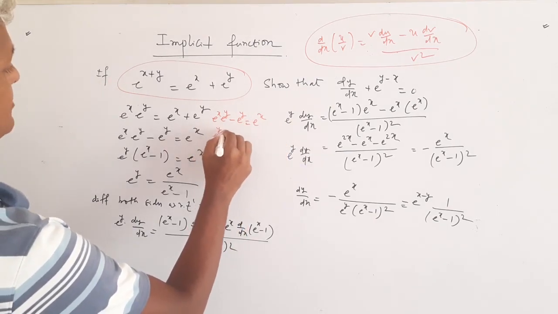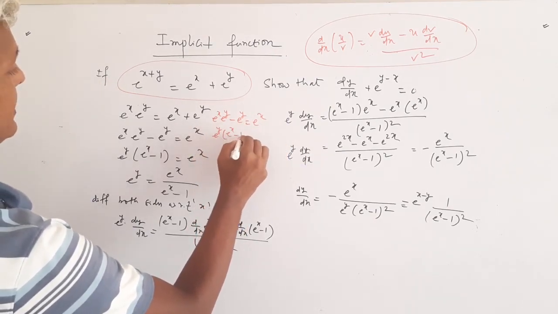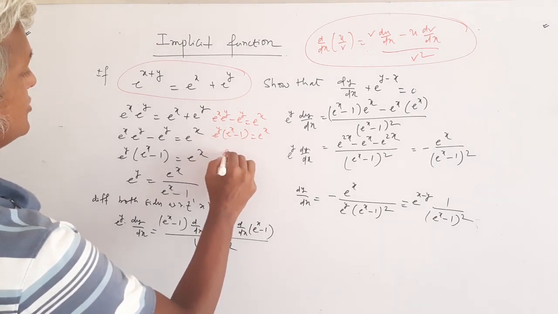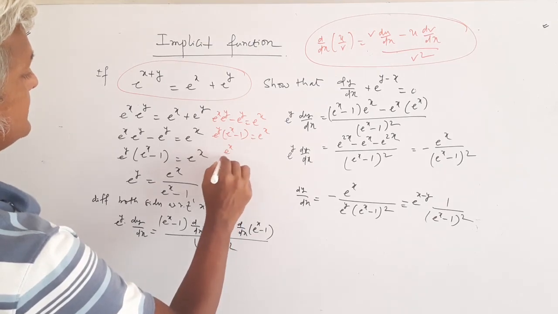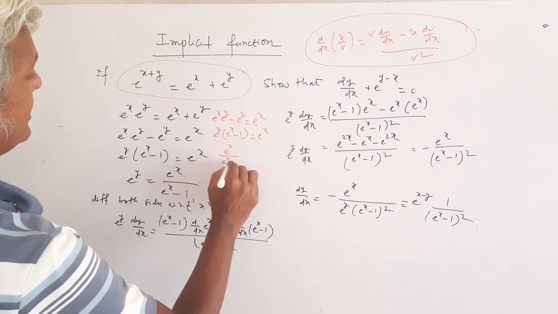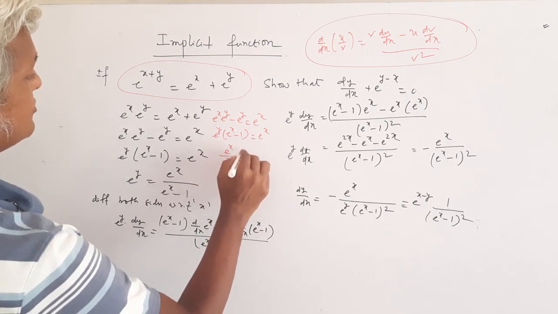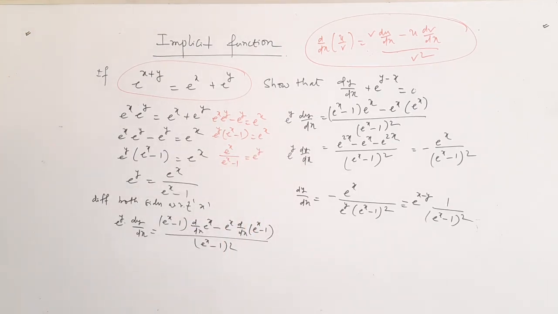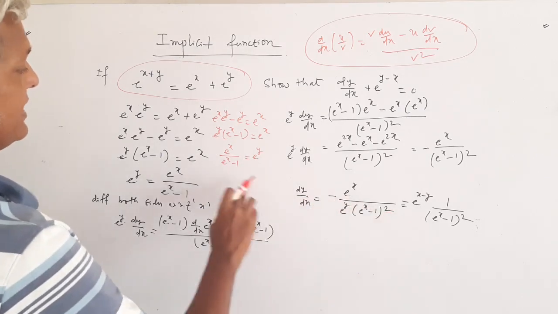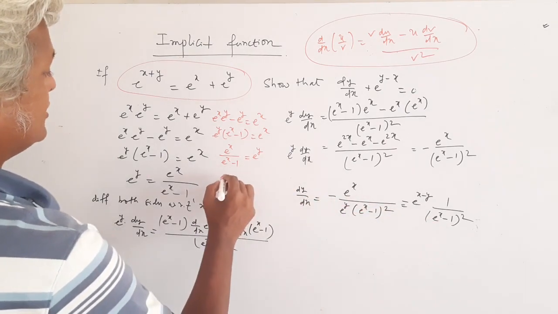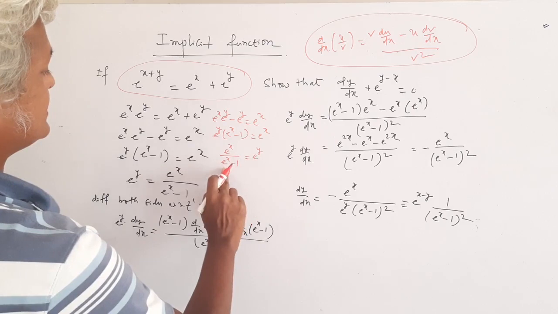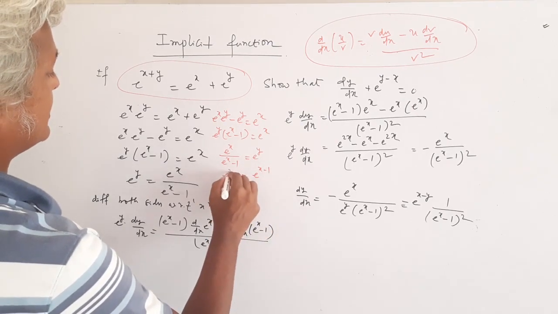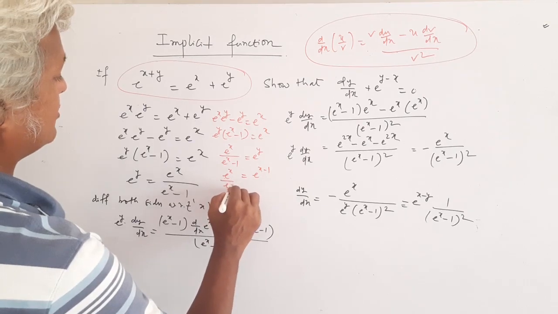If I take e^y common, I get (e^x minus 1) e^y is e^x. So e^x upon (e^x minus 1) equal to e^y. So we have (e^x minus 1) whole square there. So e^x, if I just take it there, (e^x minus 1), this will become e^x over e^y.